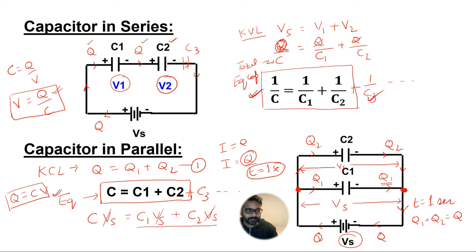Now one thing to note here is capacitors connected in series have this formula, whereas for resistances connected in series, if you remember, they had this formula, R1 plus R2 plus so on. And for capacitors in parallel, they are given by this formula, the sum of their individual capacitances. And resistances in parallel were given by this formula.